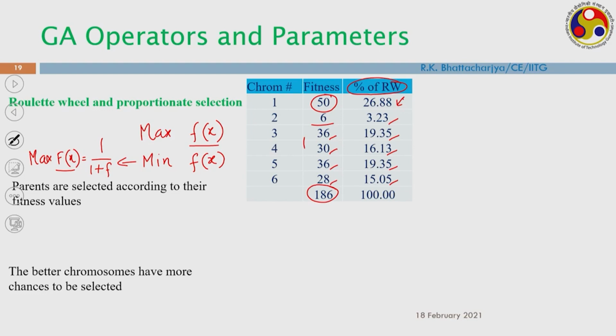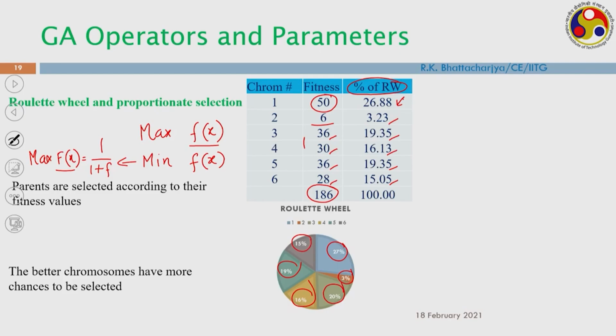So, I can create a roulette wheel, and the area occupied by each solution is in proportion to its fitness value. The first solution is 26.88, which rounded up is 27%, so it occupies 27% of the wheel. Similarly, the second solution is 3.23%, then the third one is 20%, then 16%, 19% and 15%.